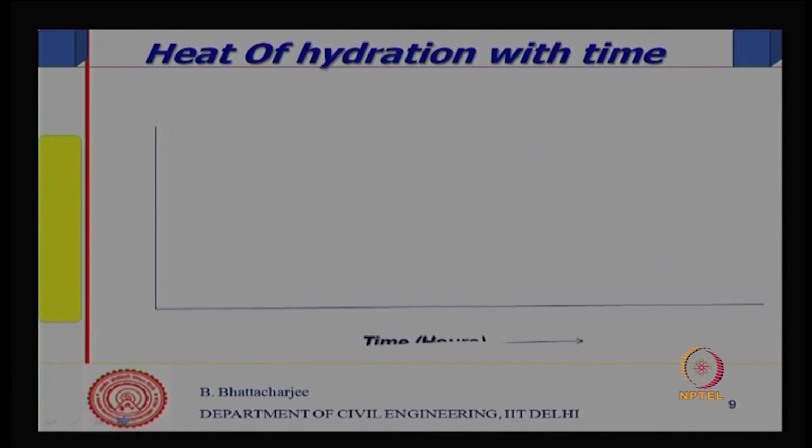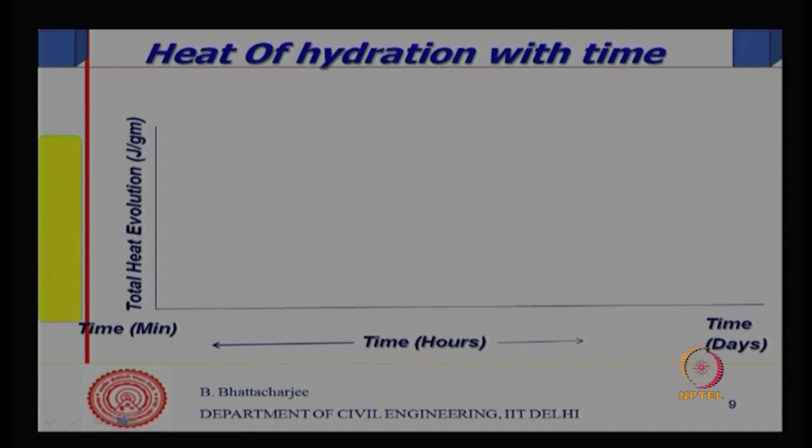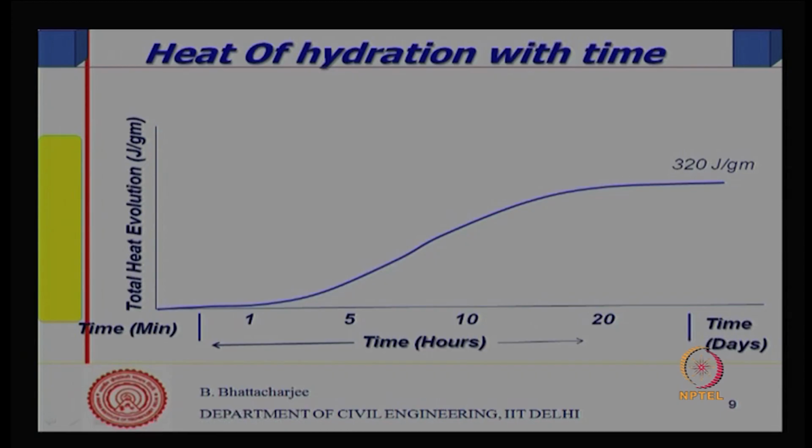Now, if we look at the total heat evolution with the same time, the majority of the heat evolution takes place in the initial 20 hours or so, and the total would be of the order of 320 joules per gram after about 24 hours.